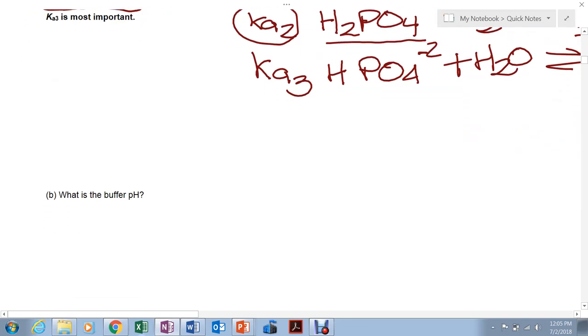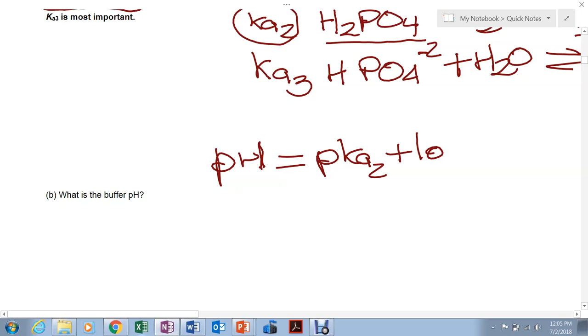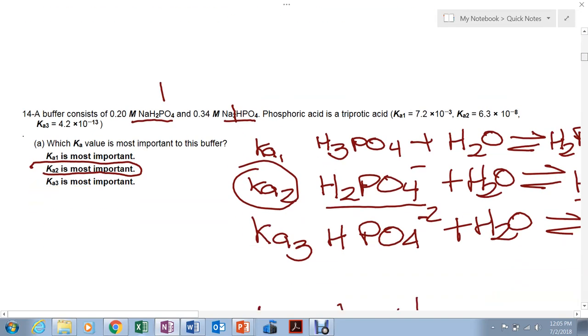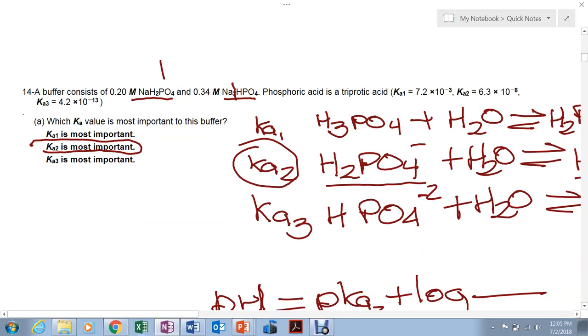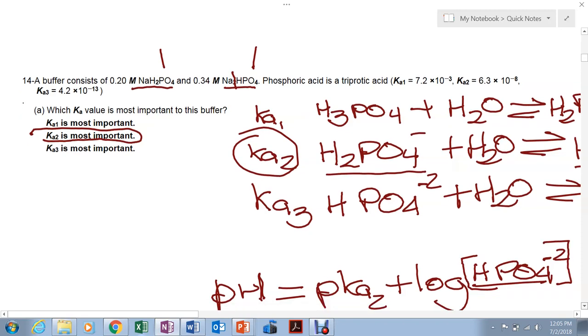Because those are the ones we're going to use. Now pH would be the same thing. pH would be the pKa of what? Of the second one, plus the log. And which concentration, which is the conjugate base and the acid? It would be HPO4 negative 2, the concentration, which is 0.34.